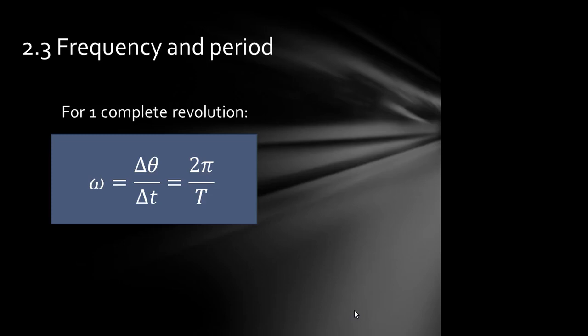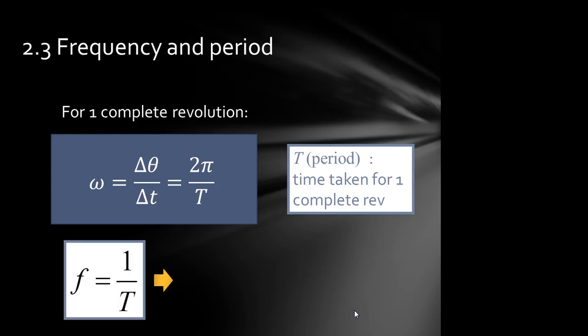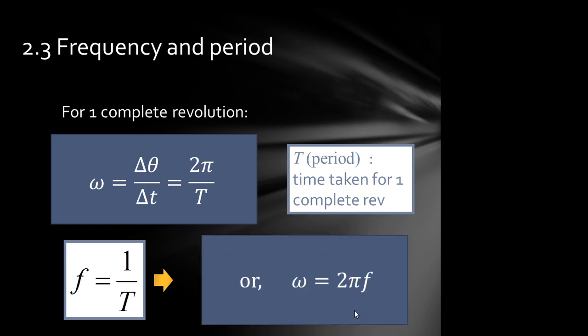We could define some useful quantities for it. Since we complete one revolution in a certain amount of time, which we call the period, we can say omega is 2 pi over T, where 2 pi is the radians for one revolution. And we also know the relationship that frequency is 1 over T, so omega is 2 pi f.